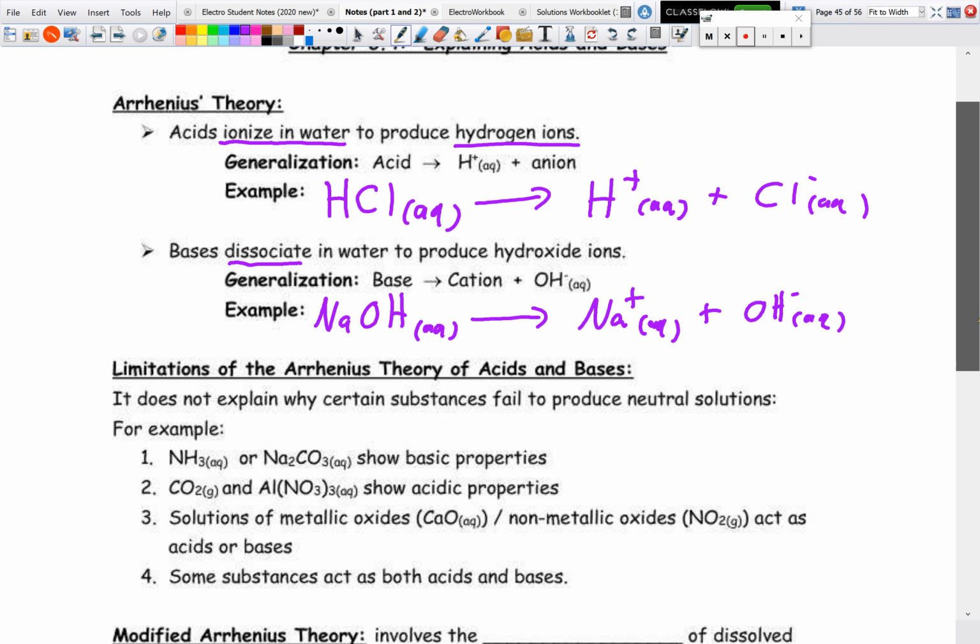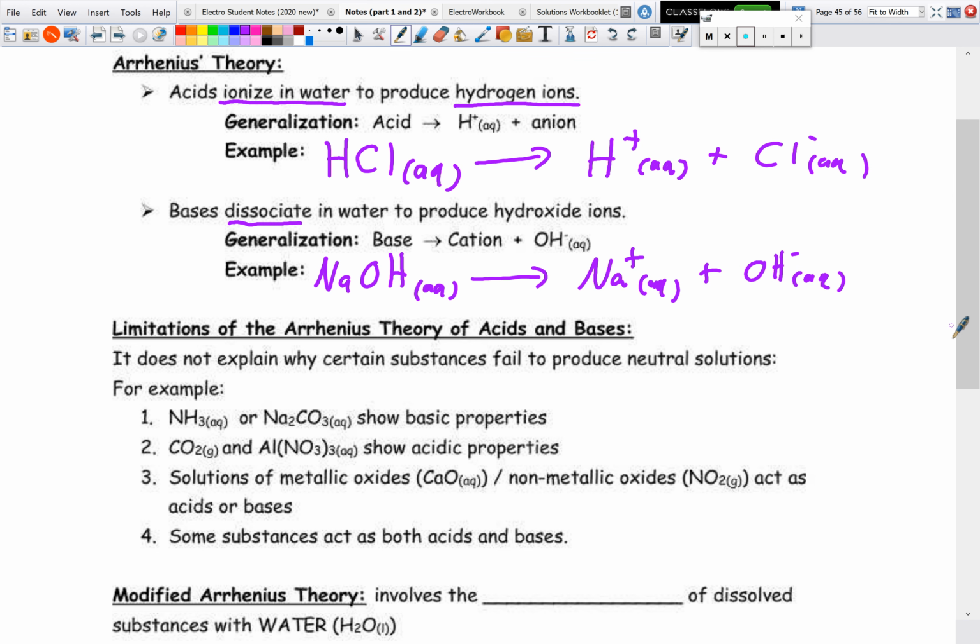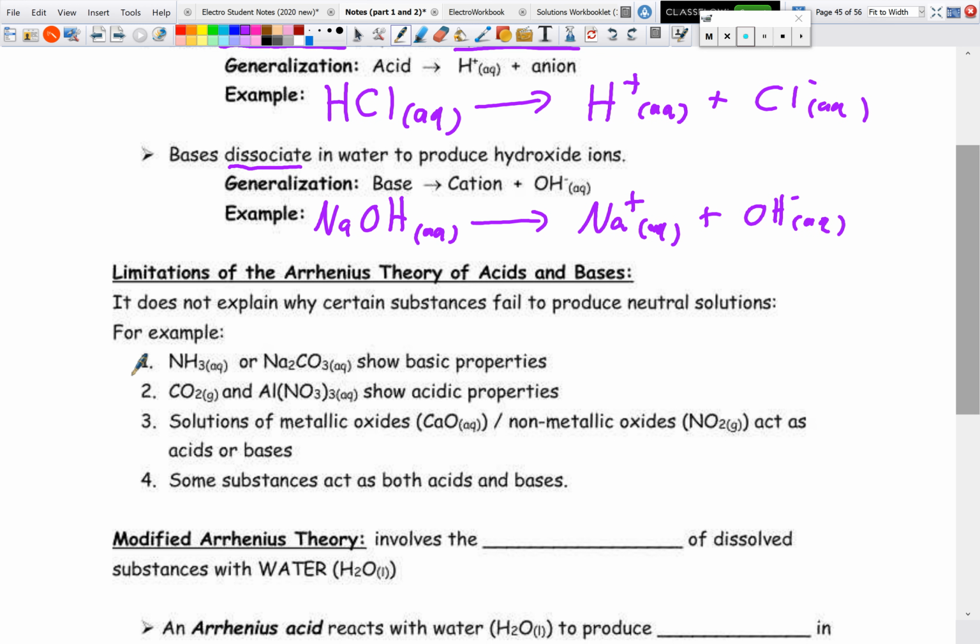Now, normally we would do a lab where we would test a bunch of different things and actually see this. But these are just two of the main points that you would have from this lab, and that is solutions like ammonia, NH3, or sodium carbonate show basic properties. If you notice, ammonia or sodium carbonate does not contain hydroxide.